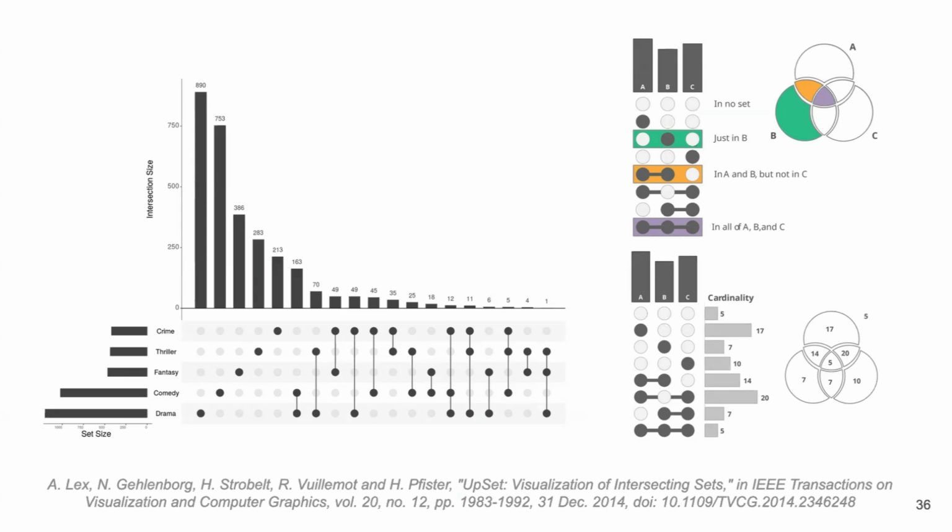So if a movie belongs to the drama category, then you have it represented by this dot here, and the bar chart on top is representing the number of instances. Then you have the ones that have more than one category here. These ones have drama and comedy at the same time. So what is the cardinality of the number of movies that have both categories applied at the same time? So these are all the set intersections that you can have.